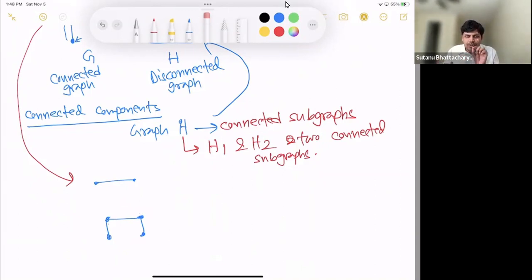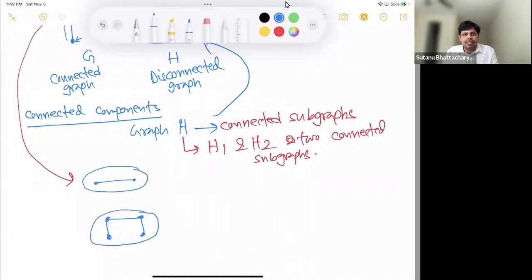I have deleted only one vertex along with all incident edges on that vertex in this graph G. And what we get is one connected subgraph, and this is another connected subgraph. So deleting that particular vertex makes this graph G a disconnected graph with two connected components.